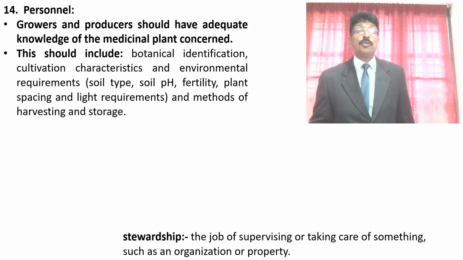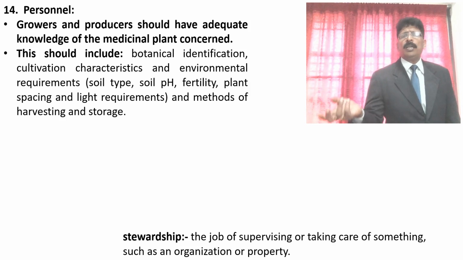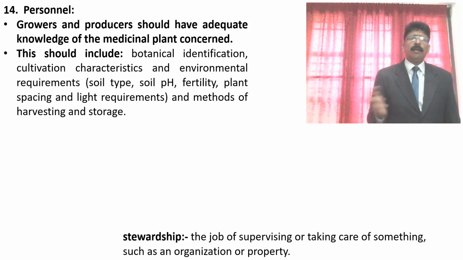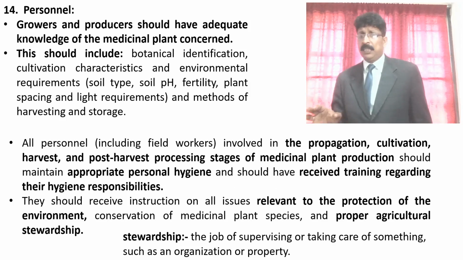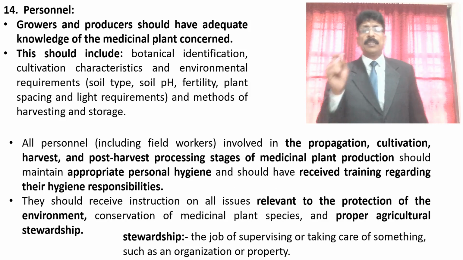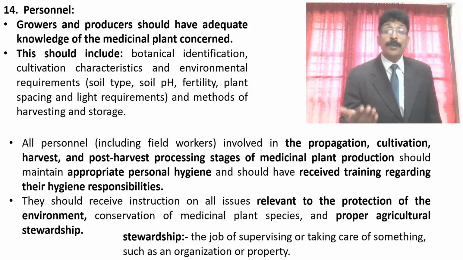This should include botanical identity, cultivation characters, environmental requirements, soil type, soil pH, fertility, plant spacing, light requirements, climate requirements, water requirements, and method of harvesting and storage.